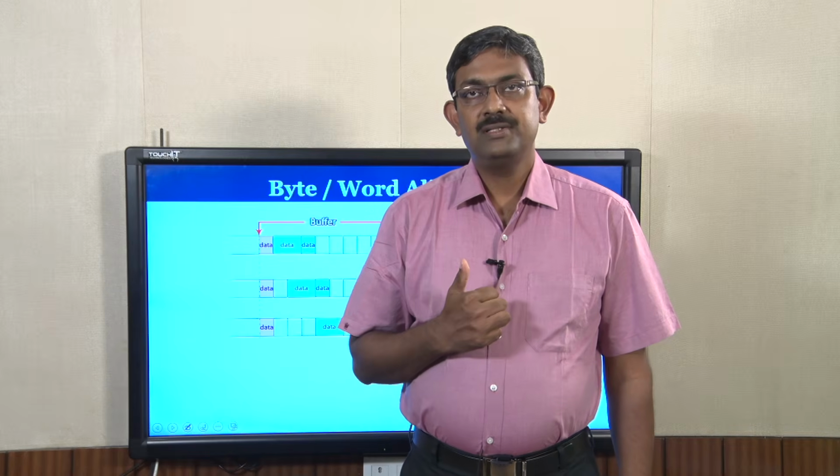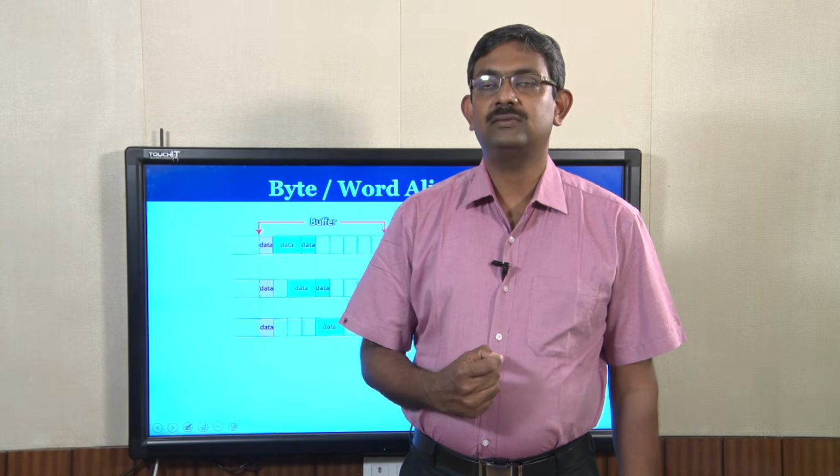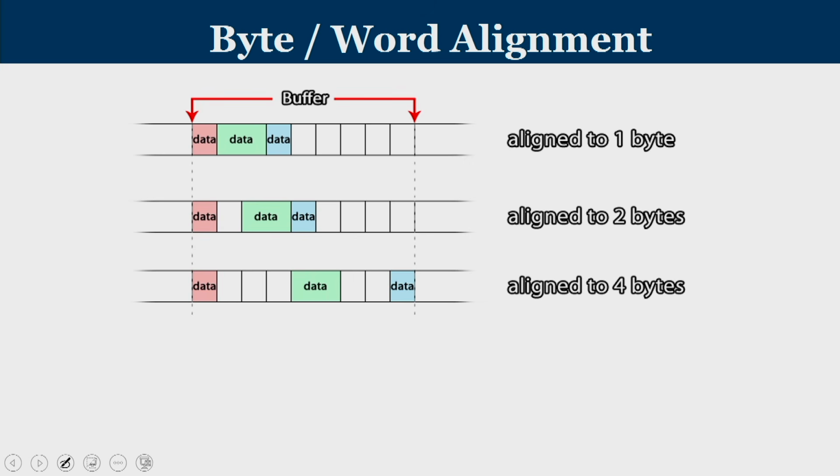No. Generally, all memory is aligned, and based upon what kind of alignment we use, new data can start only at specific locations. Consider this slide wherein the first row shows alignment to 1 byte. Alignment to 1 byte means a data can start at any byte. There is no restriction at all. Every byte you can begin a new data.